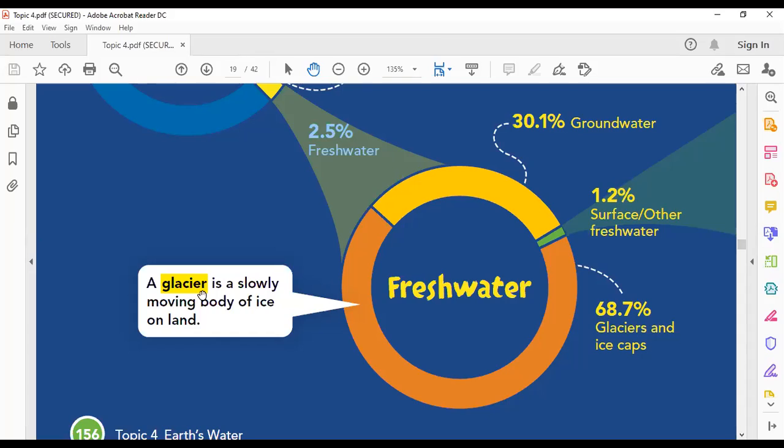So that means 68.7% of Earth's fresh water is found in the glaciers, so it is not available for humans because it is frozen. Yes, it is fresh, but it is frozen, so it is not available for use.